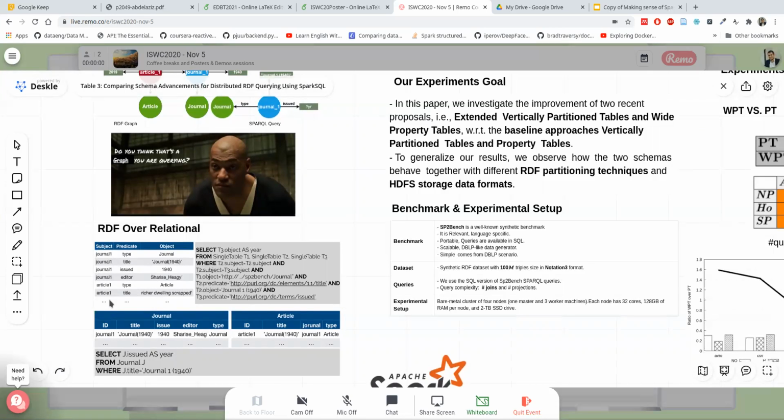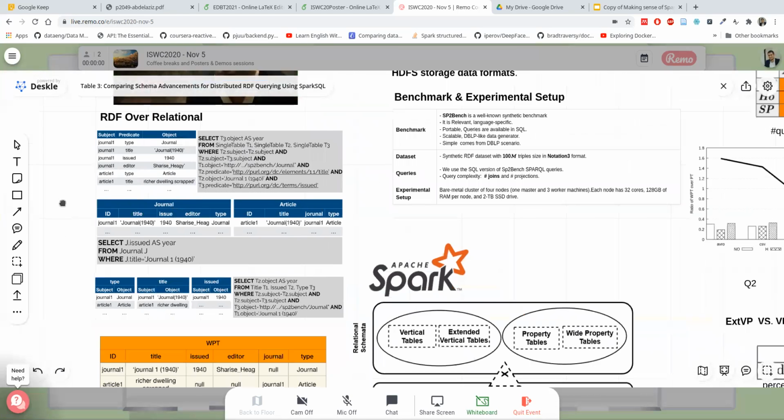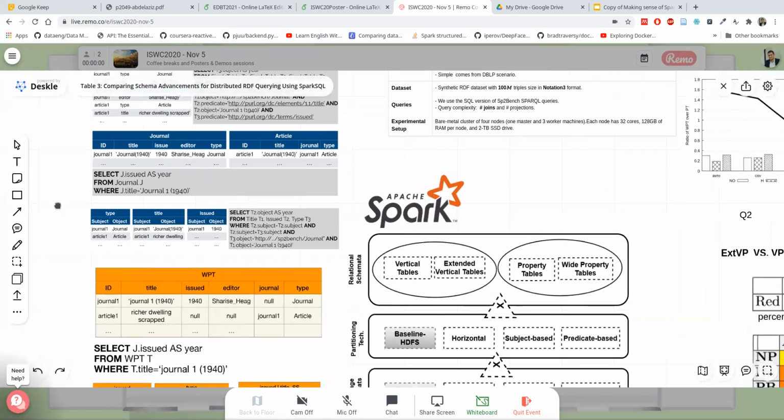The vertically partitioned tables, or VT, proposed to use binary relations, subject and object, for each unique predicate in the dataset. And the property tables schema, which suggests n-ary relations to represent RDF triples, grouping them with the same subject.